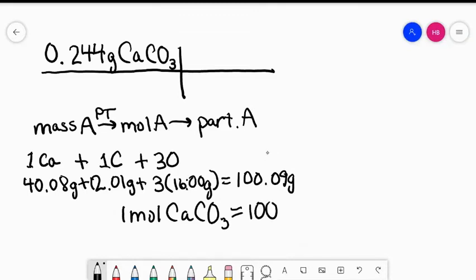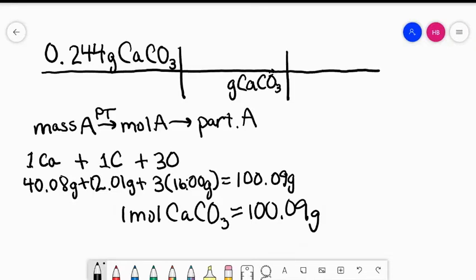So 1 mole of calcium carbonate is equal to 100.09 grams. I can change this into a conversion factor. So I look here and I see I need grams to cancel from the top. In order to cancel a unit from the top, you have to put the same unit on the bottom. That's how we cancel things. And the unit I want to get to, I want to cancel out mass or grams, and I want to get to moles.